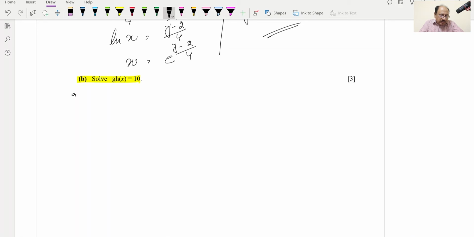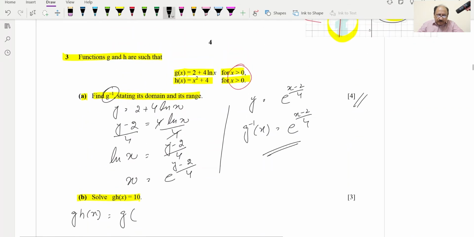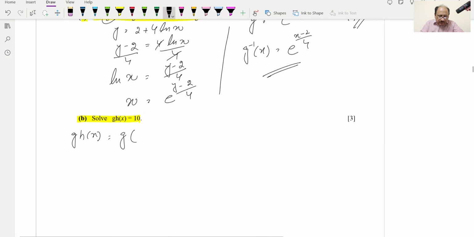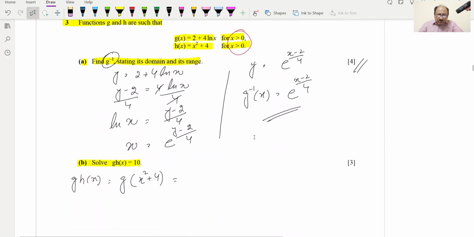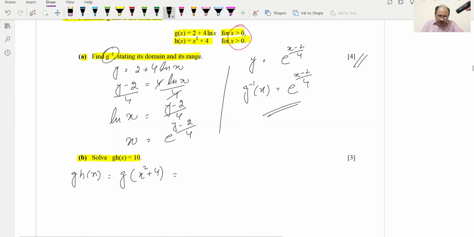So the g of h of x will be equal to what? g of h of x is g of x squared plus 4. So we can find g of (x squared plus 4), and g of x is 2 plus 4 log x, so this is 2 plus 4 log of (x squared plus 4), and we can equate it to 10.